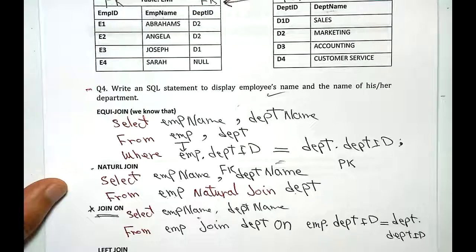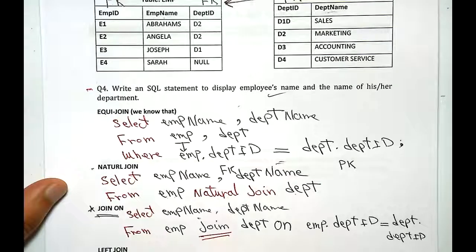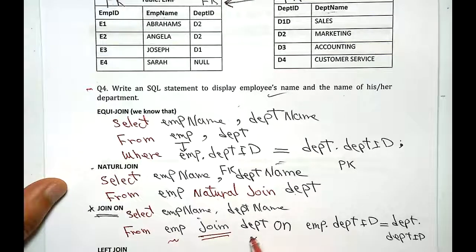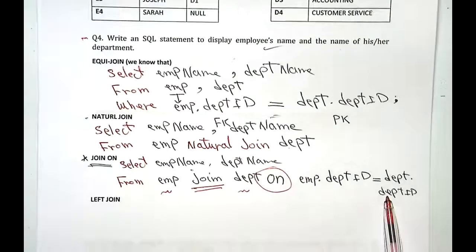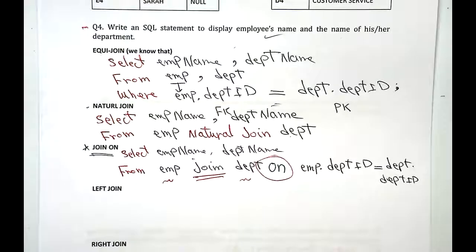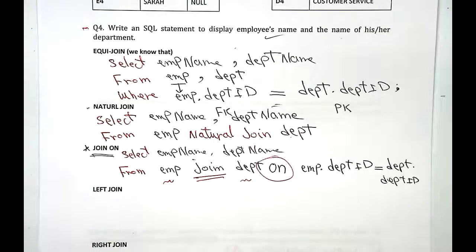So here in join, I join the table emp and department, but here I have to specify what is the primary key in department and what is the foreign key in emp. Okay. So this is join on.